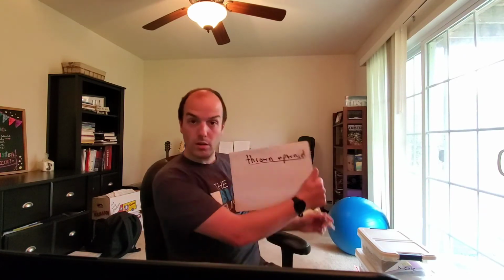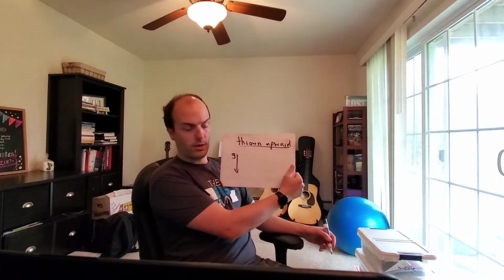Now, if you have an object that is thrown upwards, that is where you have a little bit more to keep in mind. In this case, your acceleration due to gravity is still down, but now your initial velocity is up. Since you have one vector going up and the other going down, you've got these two vectors in the same dimension, vertical, pointing in opposite directions.